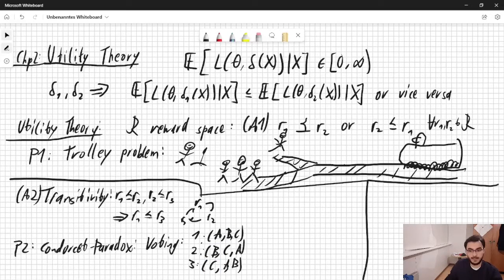This already gives us a situation where no transitivity is in this situation. Why? Well, let's look at party A and party B. Which one's better?